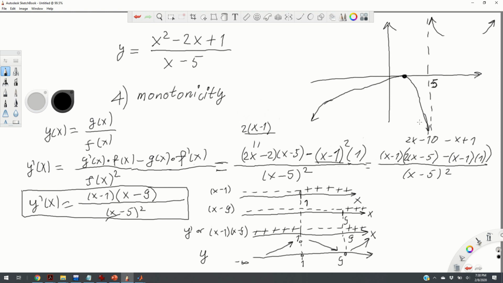Then the function goes up from 5 plus, where it is plus infinity, and it decreases. We learned at 9 that it reaches its minimum value, and then after 9 the function, you can see over here, increases. So this is the sketch of our function. This is how the function looks.